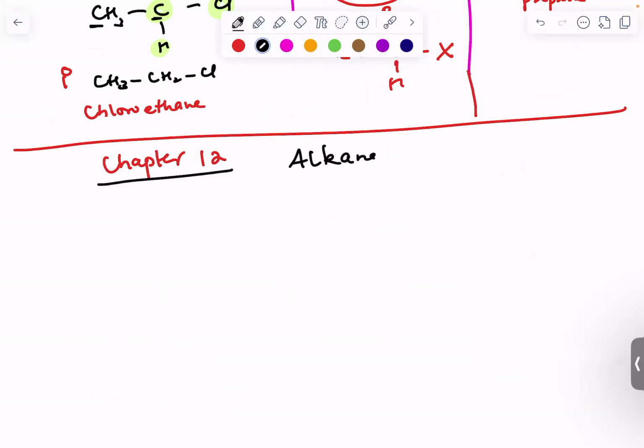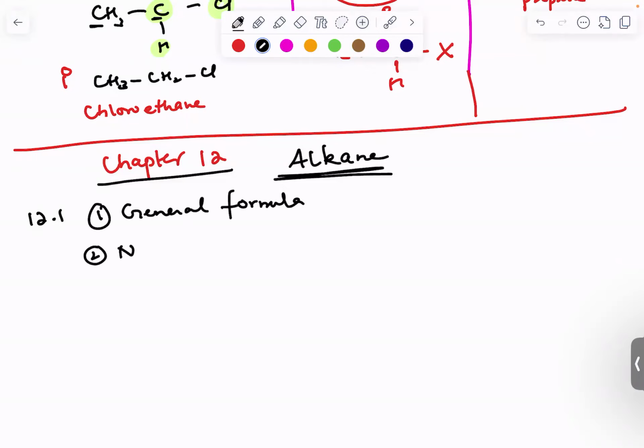All right. Now we are going to study alkanes today. So this is 12.1. As far as alkane is concerned, beta, we have done a lot about it. If I ask you to tell me the general formula of alkane and some nomenclature, that means some naming, and then branched chain alkane nomenclature could come in the same thing.